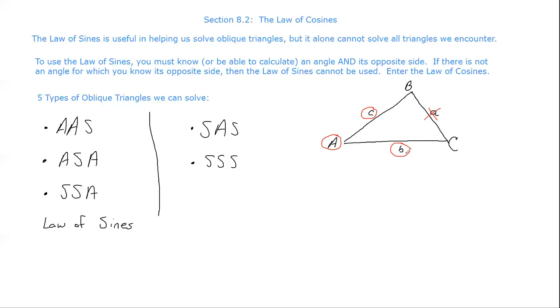It's 2 sides and the included angle between them. So in no case do I know an angle and its opposite side, so the law of sines can't work. And in this side, side, side case, we don't even know an angle in the first place. So for these 2 cases, we are going to use the law of cosines.